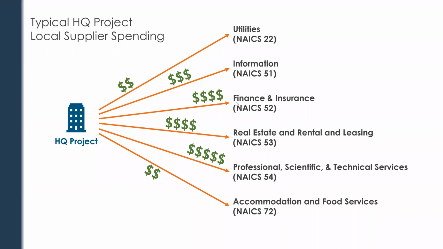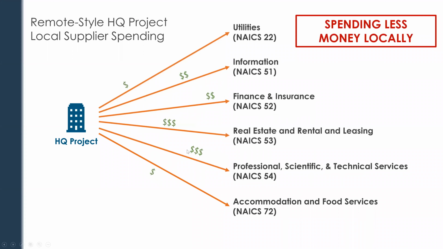So maybe they're doing the same level of spending at finance and insurance. As in my graphic here, I'm kind of showing that all of these dollar signs are getting smaller across the board. That may not necessarily be the case. So that is accurate. But I think when you have certain aspects being affected, it's going to have this reduction in the overall impact across the board.